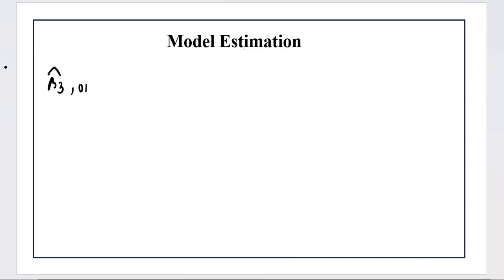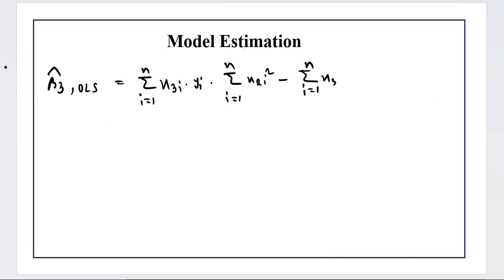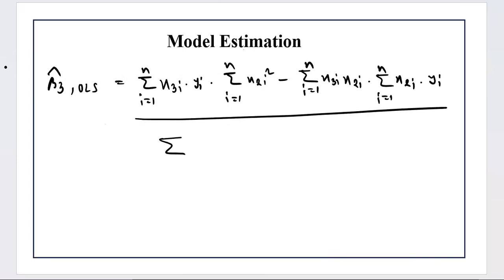Again, if you solve those two systems of equations, you will get this particular thing. It will be summation i from 1 to n x3i yi into summation i from 1 to n x2i square minus summation i from 1 to n x3i x2i into summation i from 1 to n x2i yi, whole divided by the same denominator. So the denominator remains the same. Only in the numerator, the terms are different.